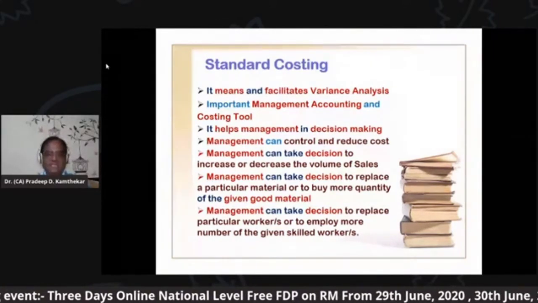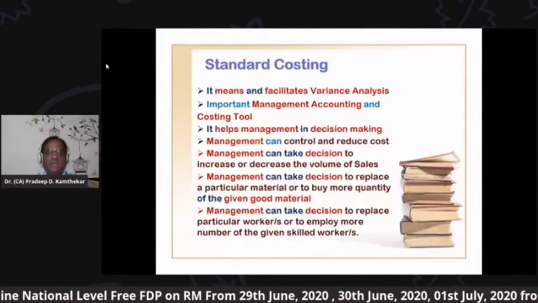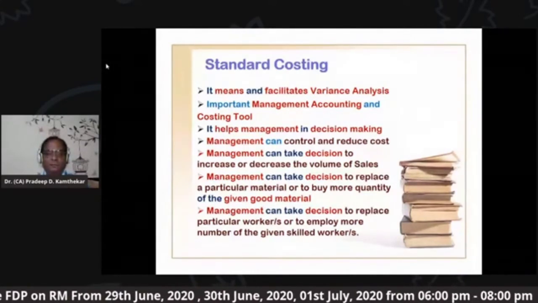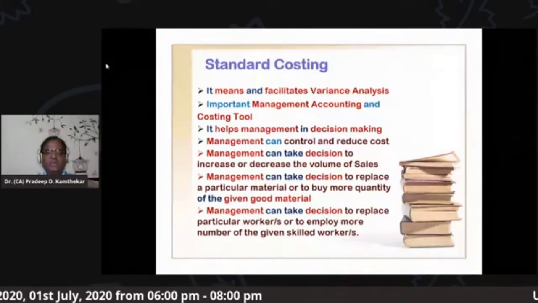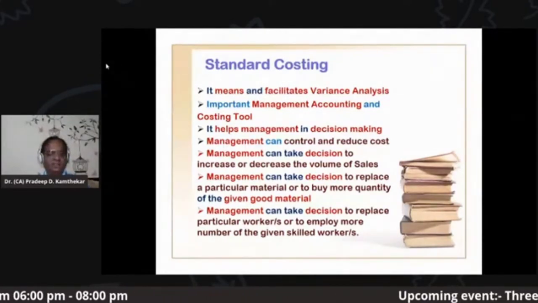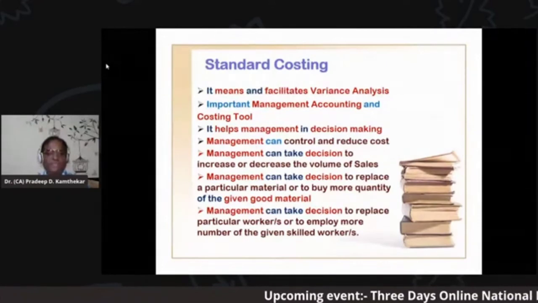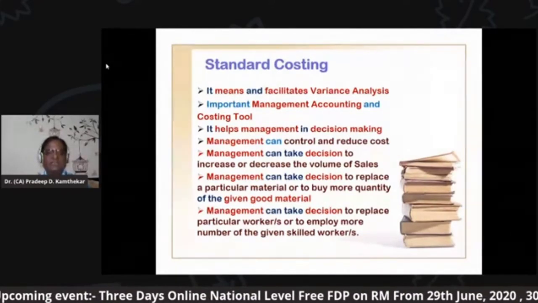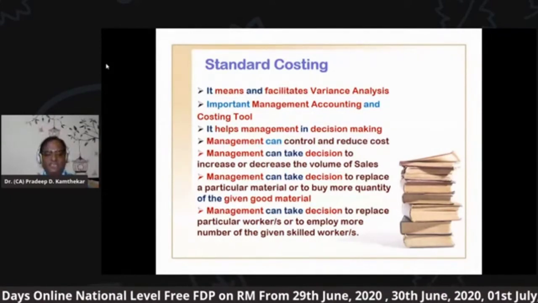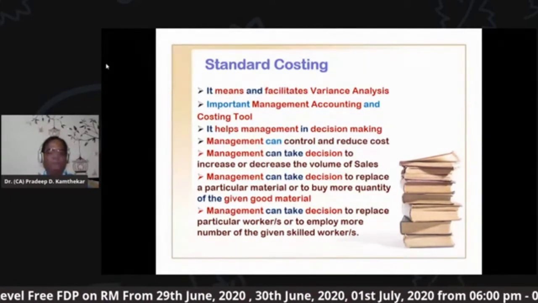Similarly, this standard costing tool also helps the management in manpower management. Which workers are really delivering the expected return or results? Which workers are really not delivering the expected result? Which workers is my business paying more as compared to what should have been paid to them?